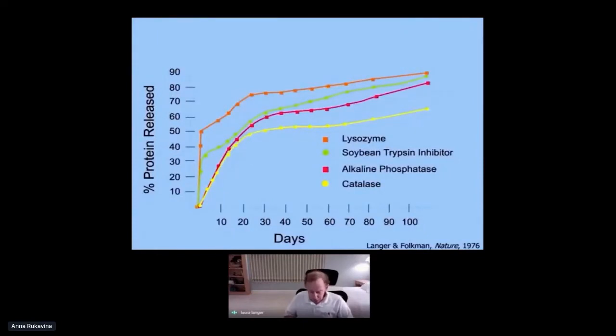Now the release rates weren't constant there, but later on we figured out ways to make them constant. And in that same paper, we not only showed that you could release molecules like proteins or peptides, but it was also the first demonstration showing that you could encapsulate things like nucleic acids, like DNA or RNA, into these tiny particles, something I'll come back to later.